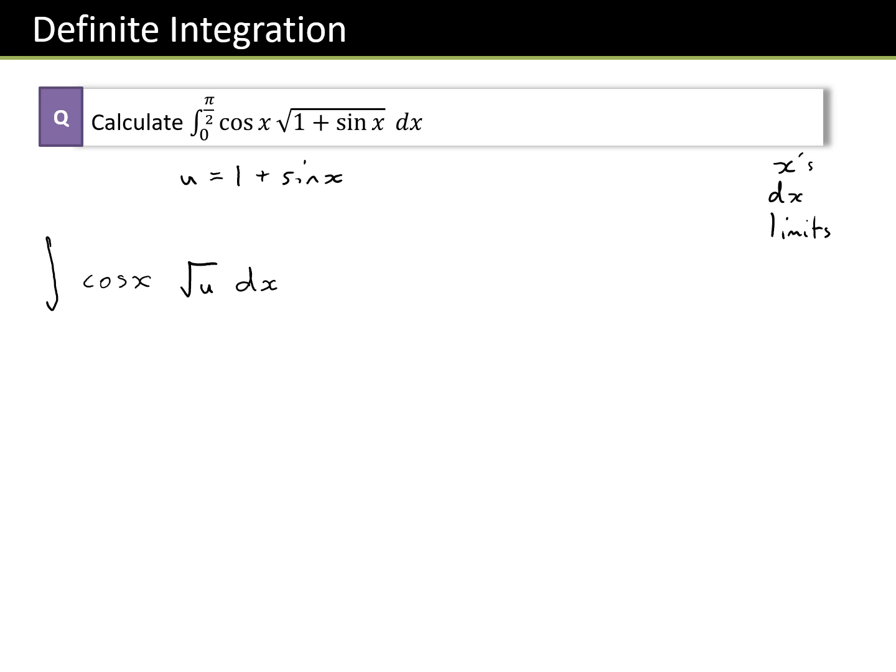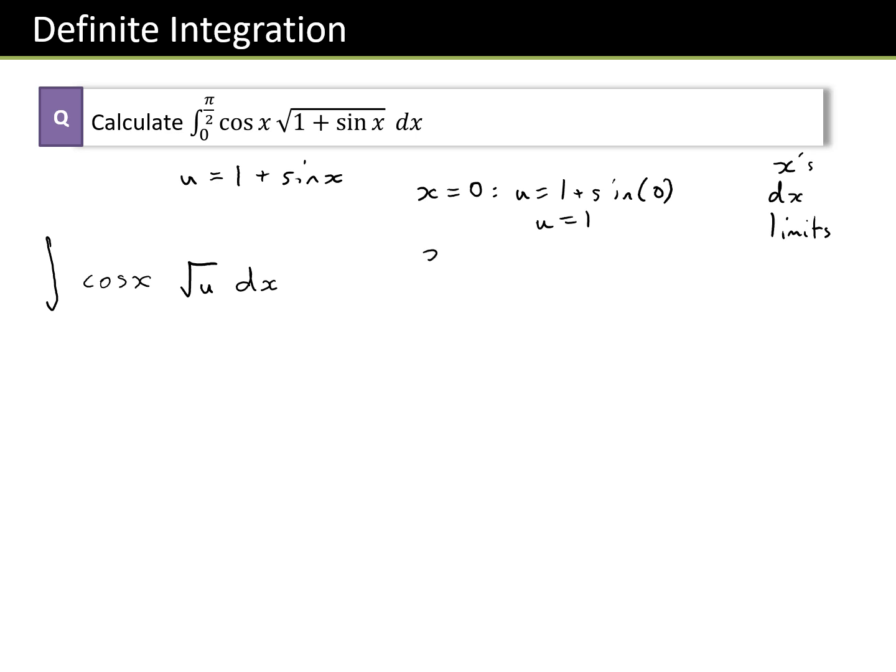If x is 0, what's u going to be? Well, u is going to be 1 plus sine of 0. Sine of 0 is 0, so when x is 0, u is 1.